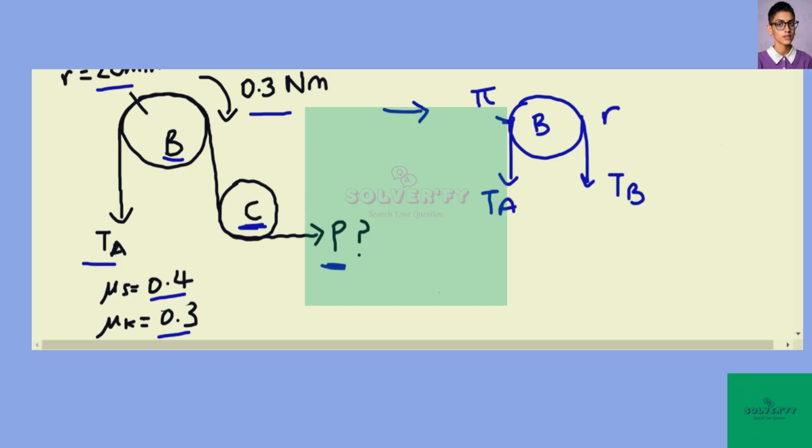We have the radius of 20 millimeters, or 0.02 meters. The moment of 0.3 Newton meters. And since it's an impending slip problem, we use the static coefficient of friction of 0.4 for disk B.